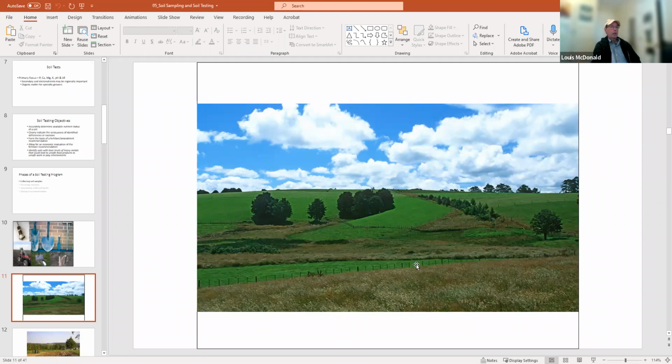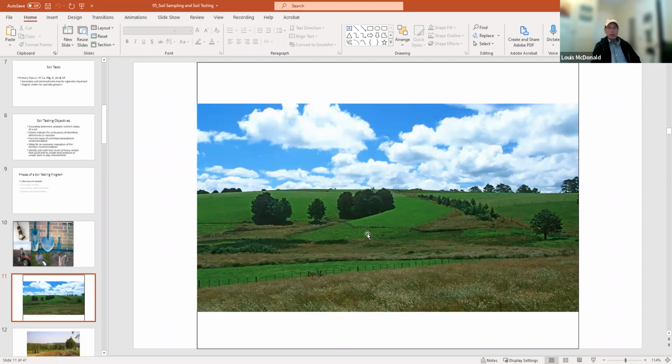So if you're willing to manage this little fenced in area differently than this fenced in area, then you want to sample each of those differently. If you're not, collect one sample.